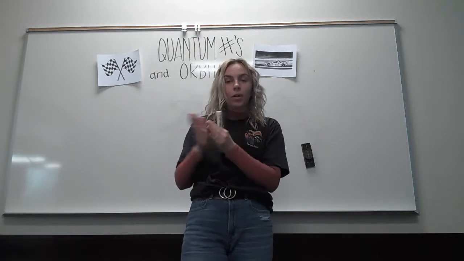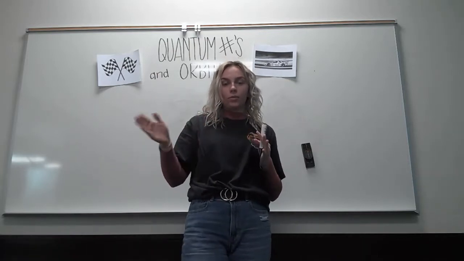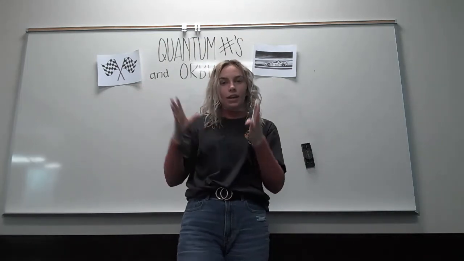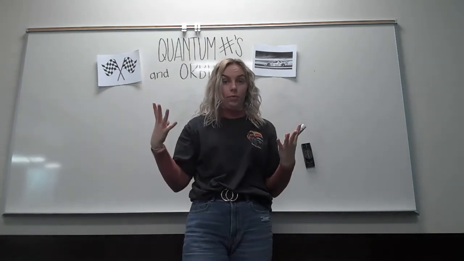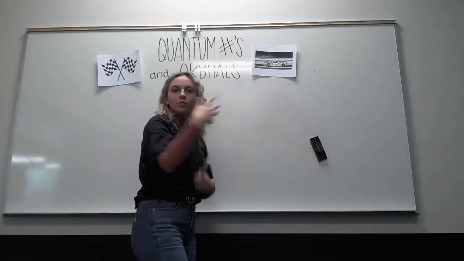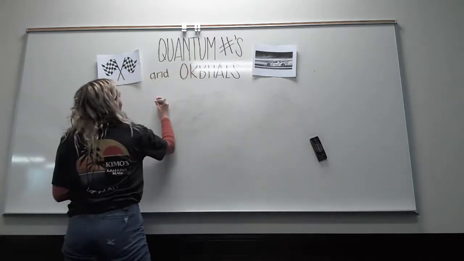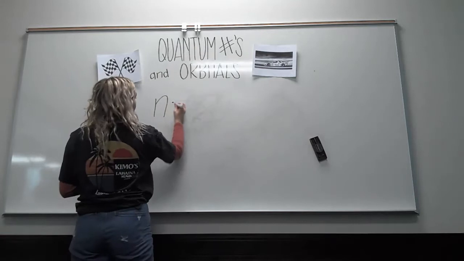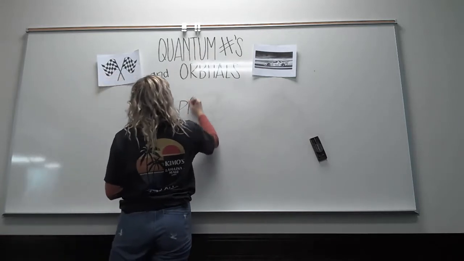These 3 quantum numbers describe the 3 different characteristics of an orbital. We're going to start with the first quantum number, see how it goes, and then we'll just keep going along. The first quantum number is n, which is the principal quantum number.